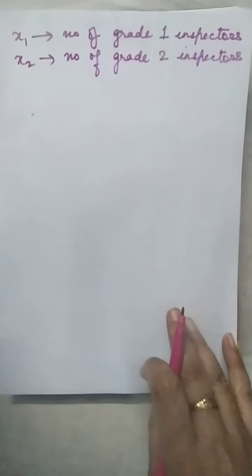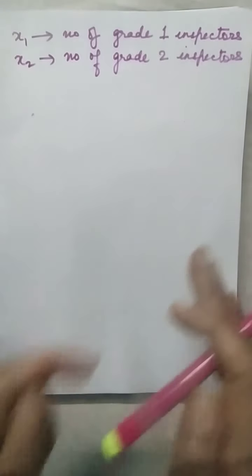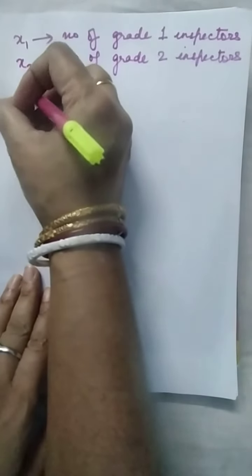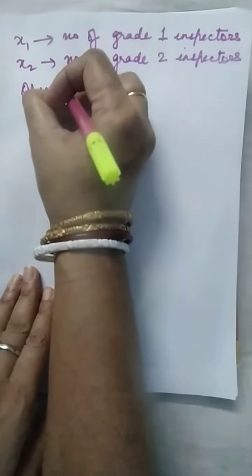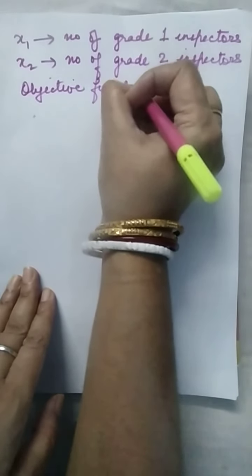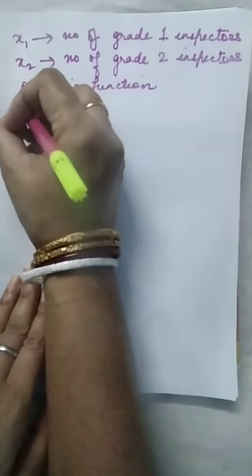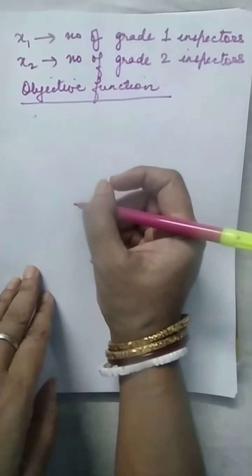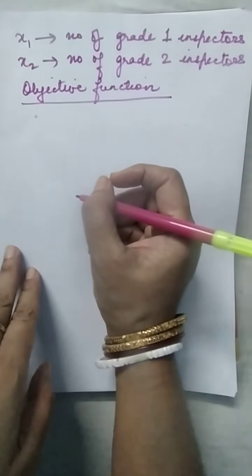Okay. Now let us start off with our objective function. Our job is to minimize the inspection cost. Now let us calculate the inspection cost.